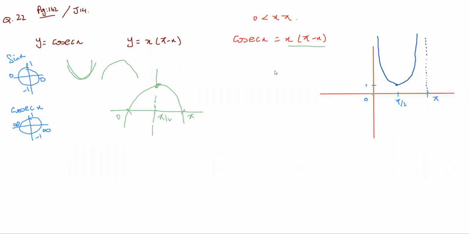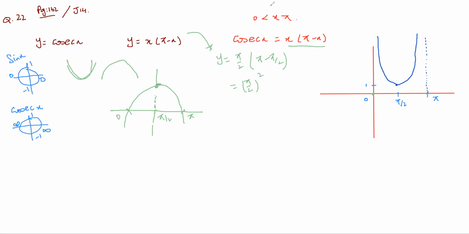So for that purpose, if this is y equal to x into pi minus x, I'll be doing this as pi by 2 into pi minus pi by 2. If you do that quickly, this is pi by 2 squared. So what is this?